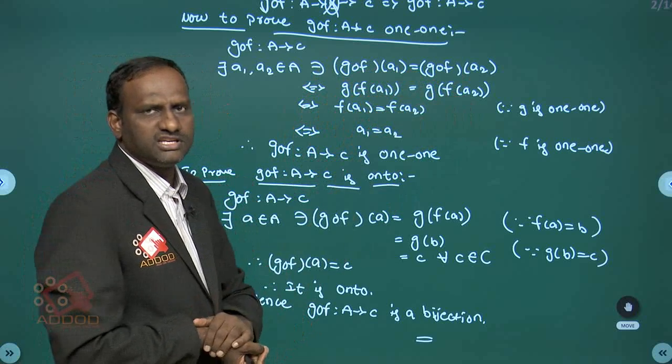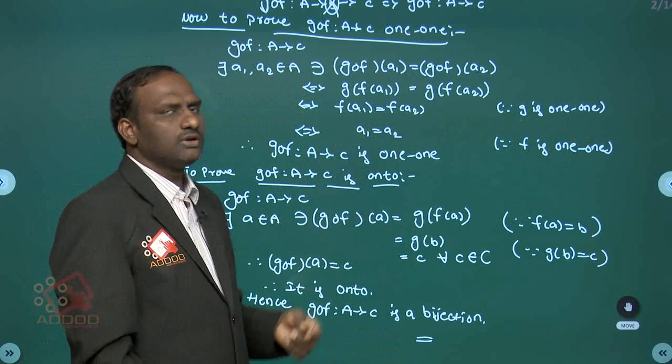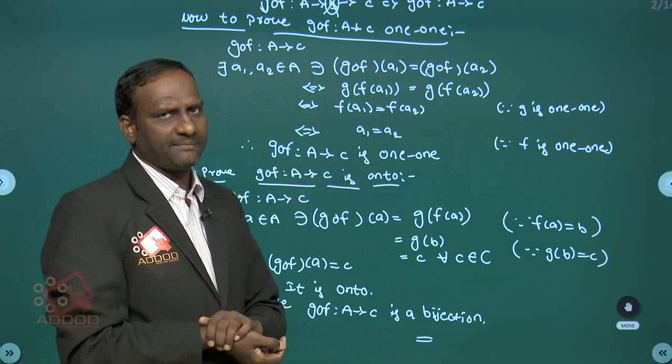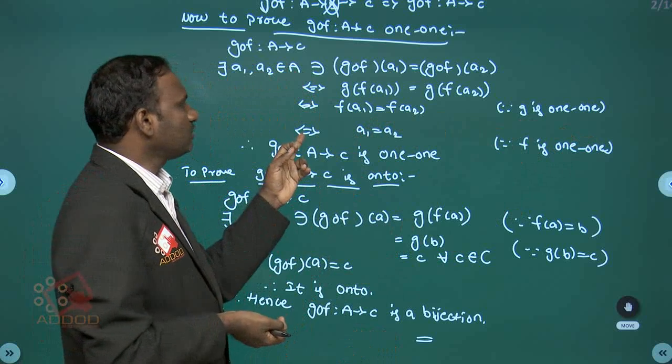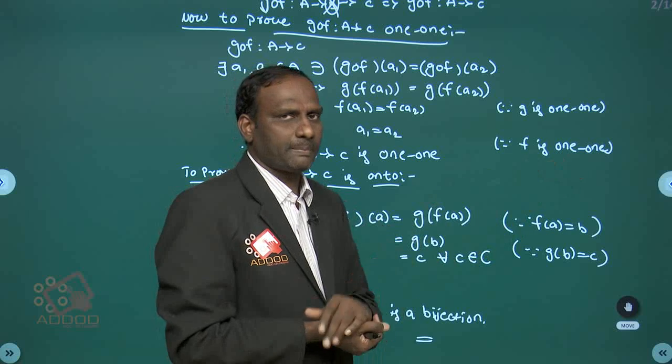We can cancel G's, by the definition of one-one of G. So F of A1 is equal to F of A2. In this sense, we are taking the internal values, or you can cancel, no problem. Next, if and only if A1 is equal to A2, because this is the definition of one-one for F.